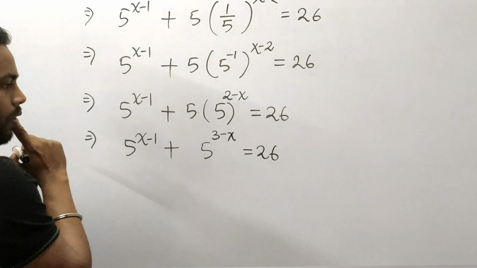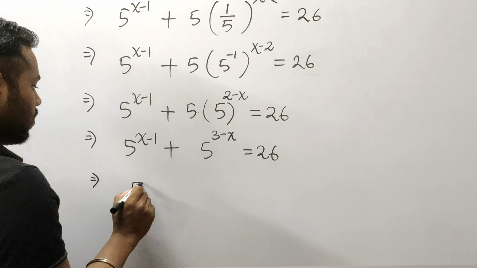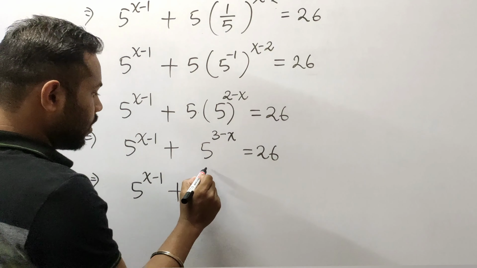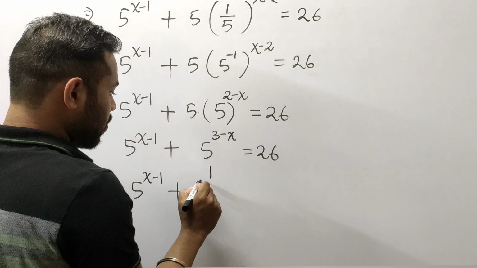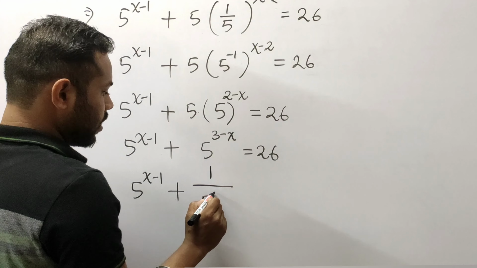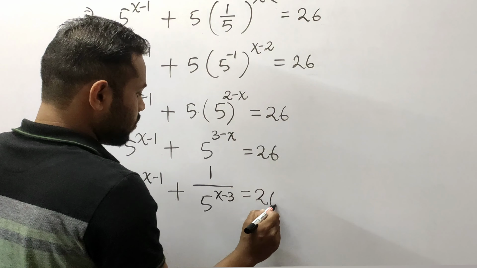So now what we'll do here, we'll do this one 1 by 5, 3 minus x becomes x minus 3 is equals to 26.